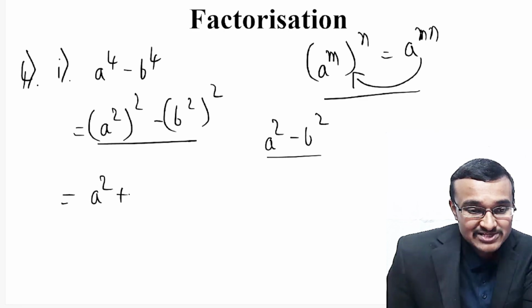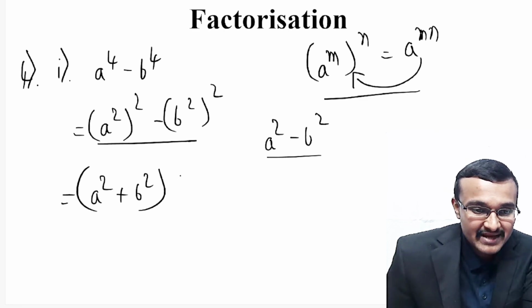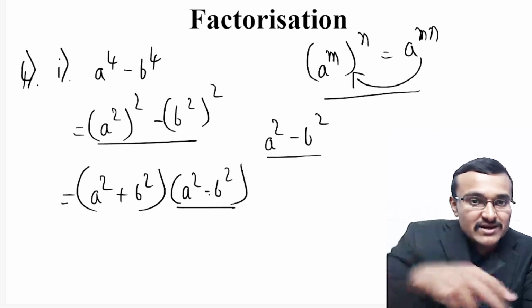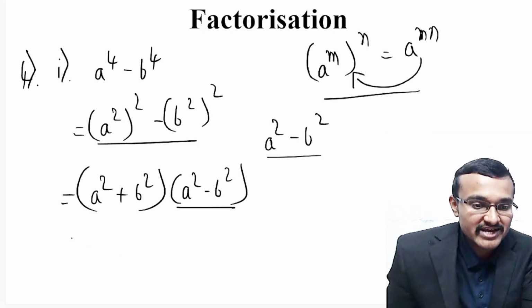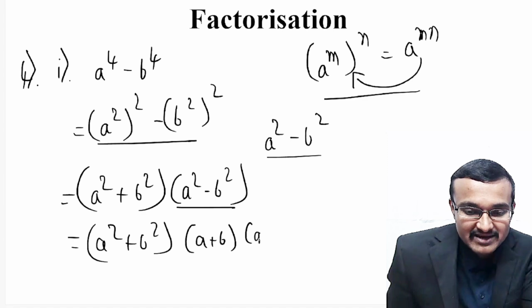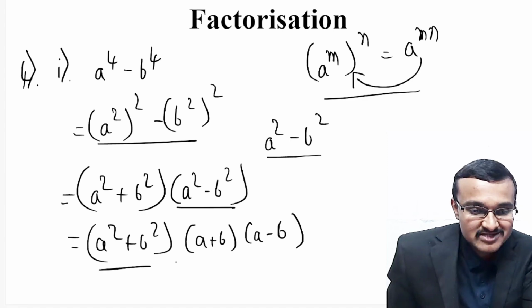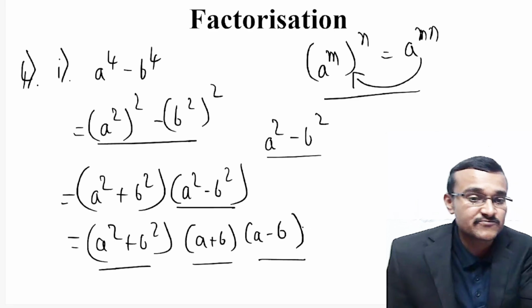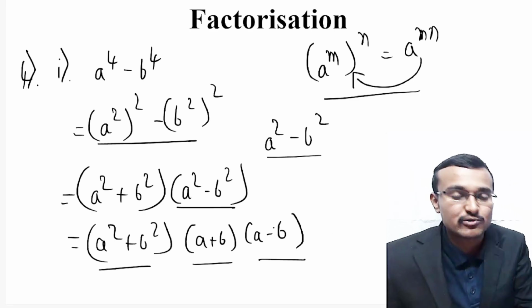That will be equal to a square plus b square into a square minus b square. Here this particular a square minus b square, again you can split into a plus b into a minus b. So a square plus b square into a plus b into a minus b acts as the factors for this particular a power 4 minus b power 4.